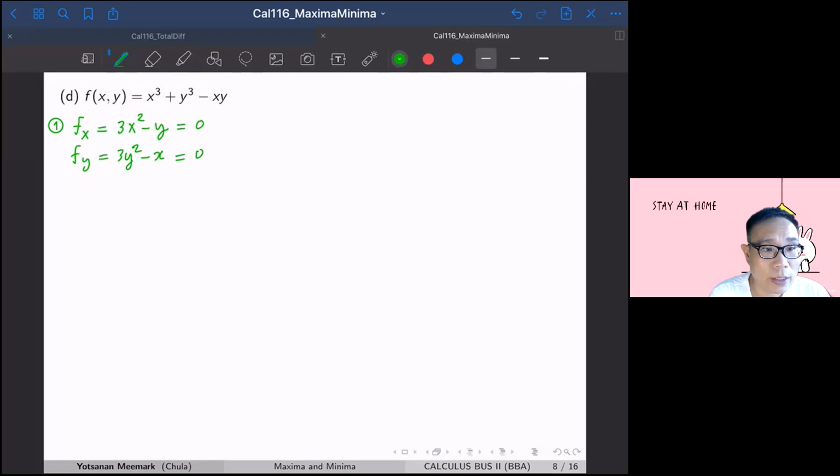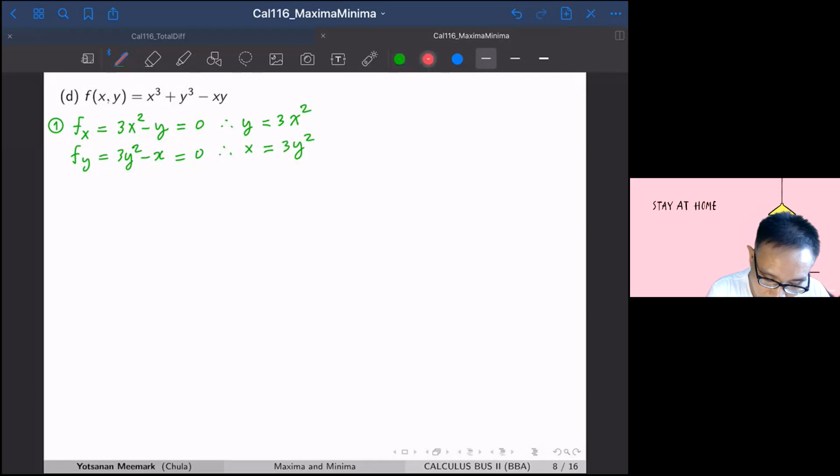And you're gonna solve for x and y simultaneously. So in this case, you have y equal to 3x squared, and you're gonna have x equal to 3y squared.